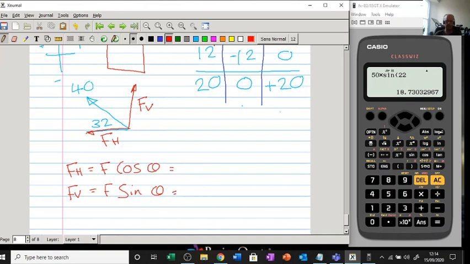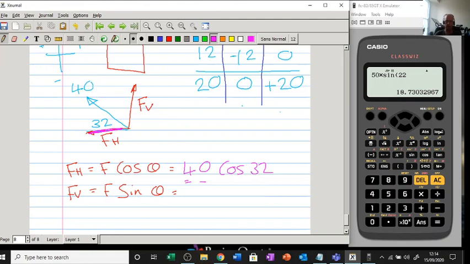Now we know what the F is. The F is 40. Cos of the angle is going to be 32. Now the horizontal is going that way. Right, so that's going to be, I'll do it down here, look. It's going to be a negative number because it's going that way, look, which we call negative.